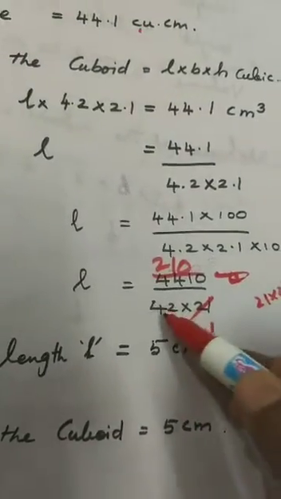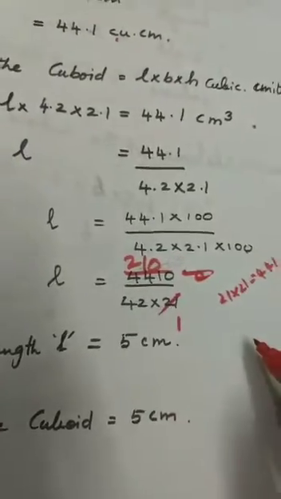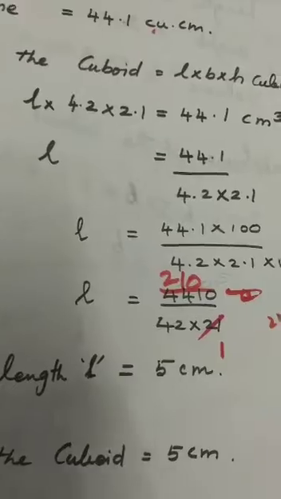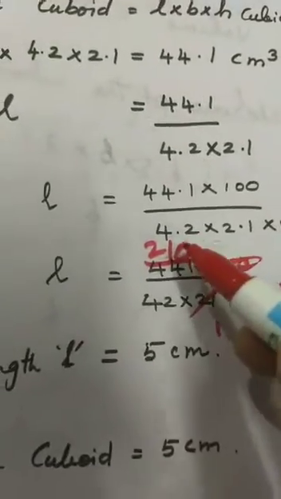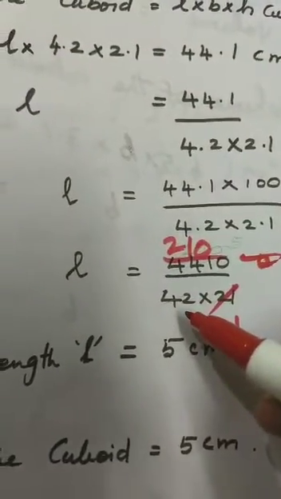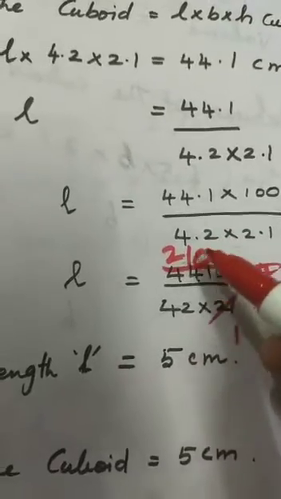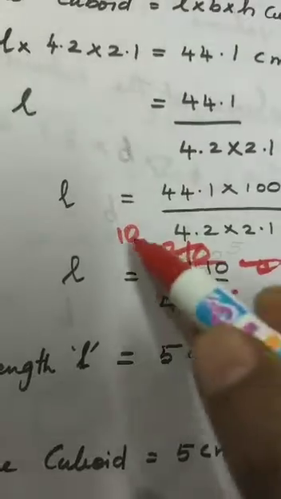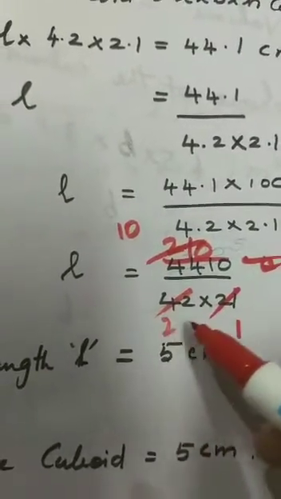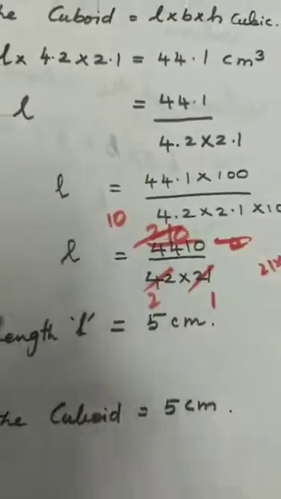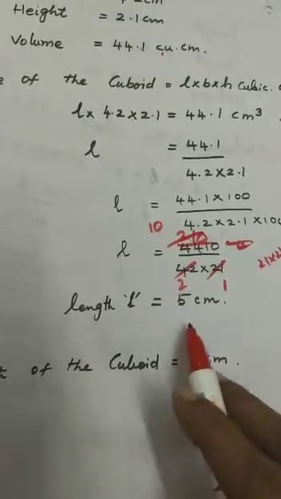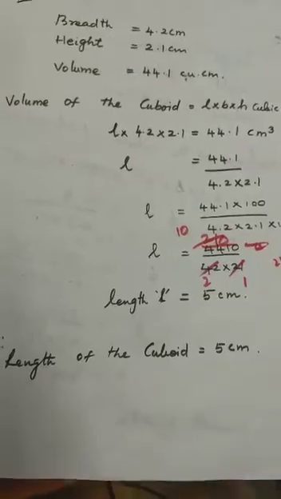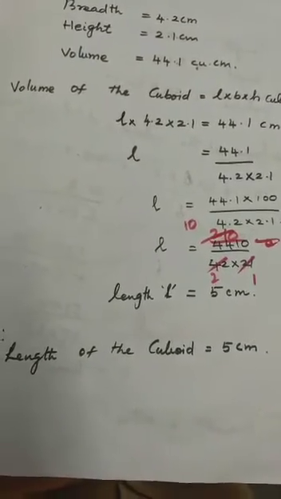Now you will see 42 fives are 210. Otherwise you can write 21 twos are 42, isn't it? So you can write like this. Yeah, we have one 0, so 10. Here 2 times. Then you cancel 2 and 10. Then the answer is length is equal to 5 centimeter. So answer, length of the cuboid is equal to 5 centimeter.